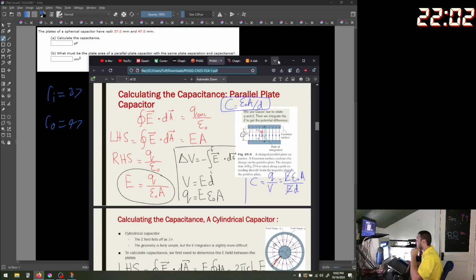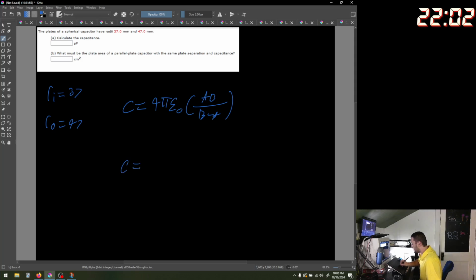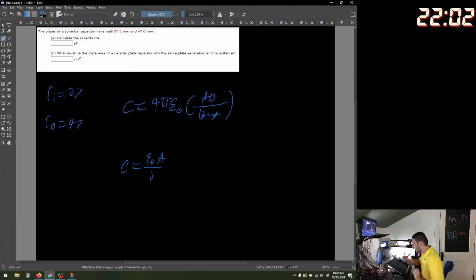Okay, parallel plate. C equals epsilon 0 A over D. And in this case, the D is going to be 47 minus 37, which equals 10.